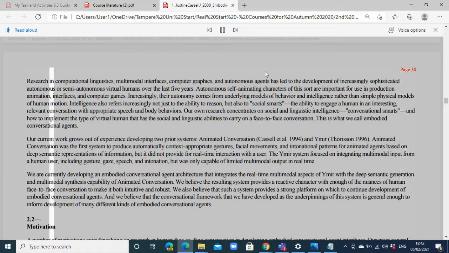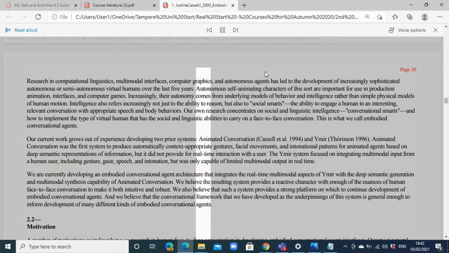Research in computational linguistics, multimodal interfaces, computer graphics, and autonomous agents has led to the development of increasingly sophisticated autonomous or semi-autonomous virtual humans over the last 5 years. Autonomous self-animating characters of this sort are important for use in production animation, interfaces, and computer games.